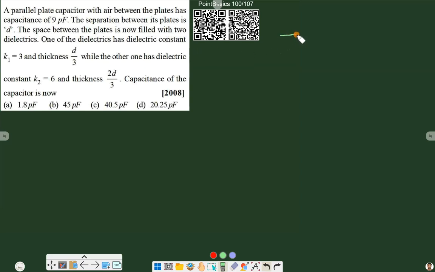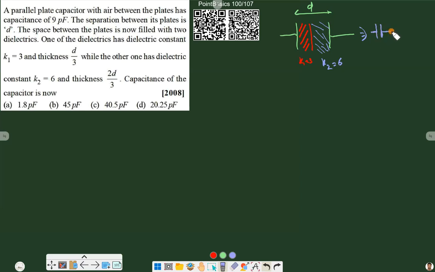Now it is mentioned that initially the capacitor was something like this, of thickness d, and now we filled d by 3 part of this with K1 equal to 3 and the remaining part with K2 equal to 6. So this will be like two capacitors in series.